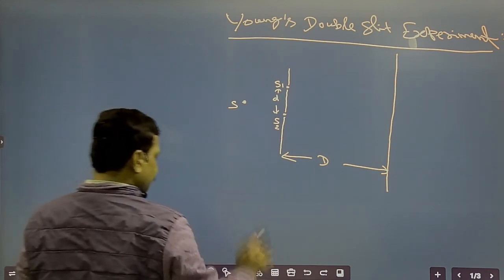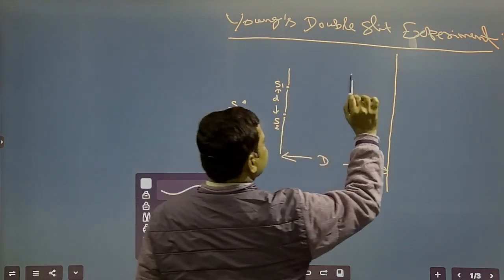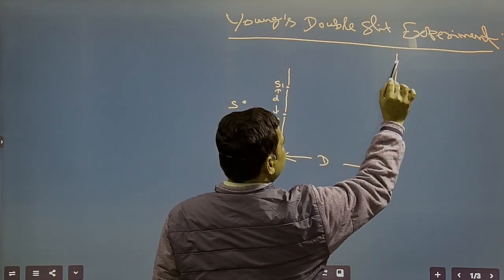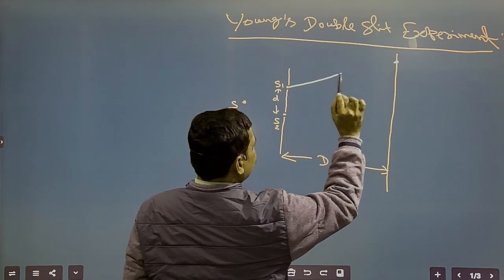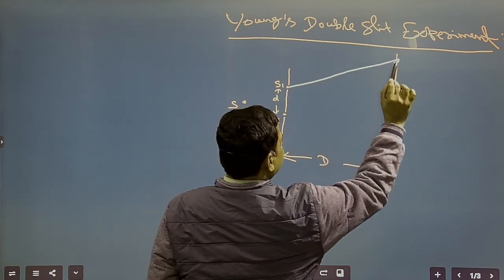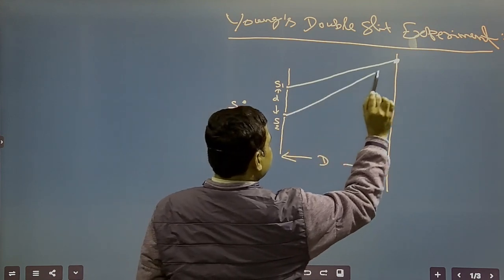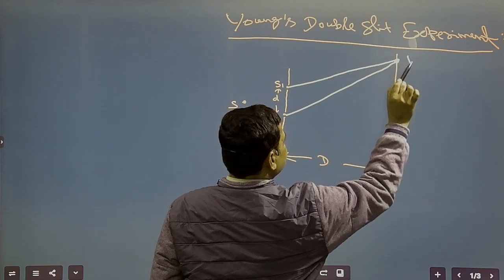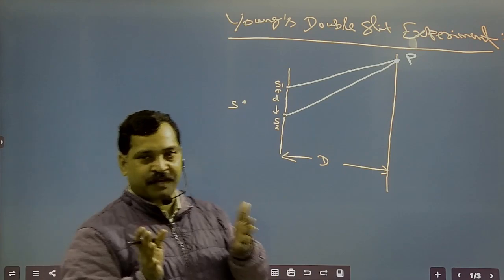Now you see, when the light rays pass through the slits, suppose we are considering a point P here. The light passes from the slit S1 and from the slit S2, and both are incident at point P, so at that point we will have interference.